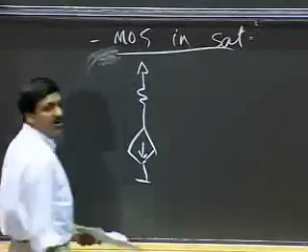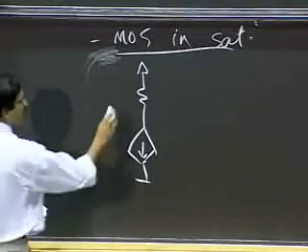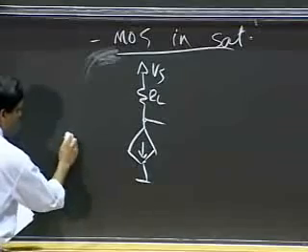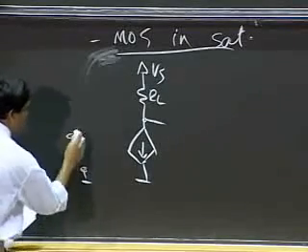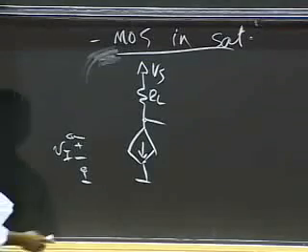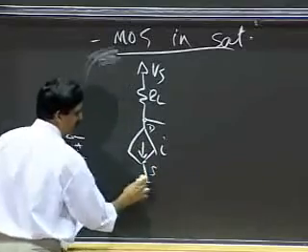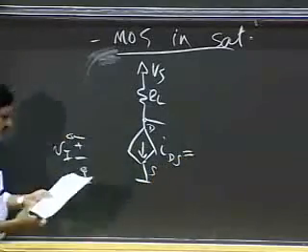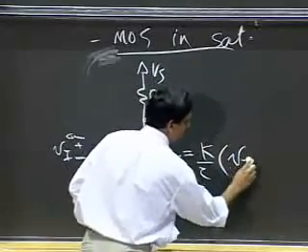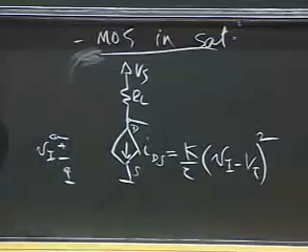Since you have been told that it's in saturation, you can replace the MOSFET with its current source model. And the current IDS for the MOSFET is given by K by 2 (VI minus VT) all squared.